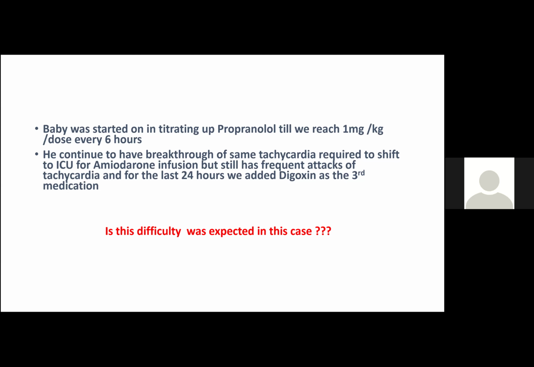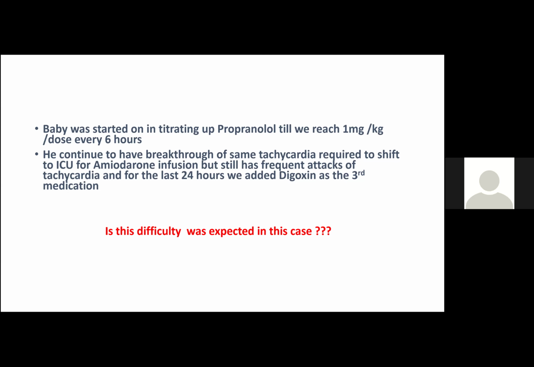It wasn't an easy story, and although he was on amiodarone infusion dose, he still had breakthrough. I started him on digoxin as a third medication. Luckily, now we have completed almost 24 to 36 hours with no breakthrough, but this case was expected to be difficult from the start, looking at this hypertrophic ventricle.